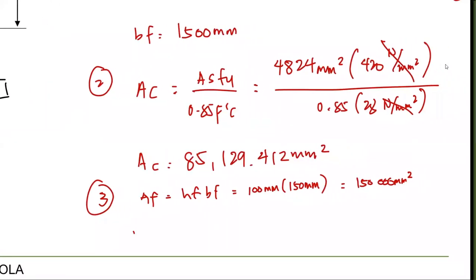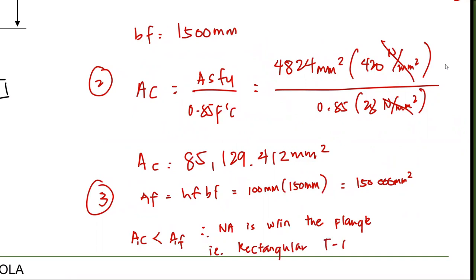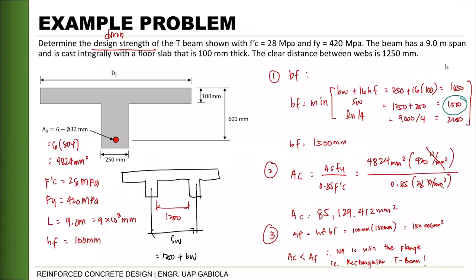And we can see na si AC is less than dun sa AF natin. Okay? So therefore, yung NA natin is within the flange. Okay? Pag within the flange siya, siya ay rectangular T-beam. Okay? So, yan. Na-verify natin na rectangular T-beam siya.